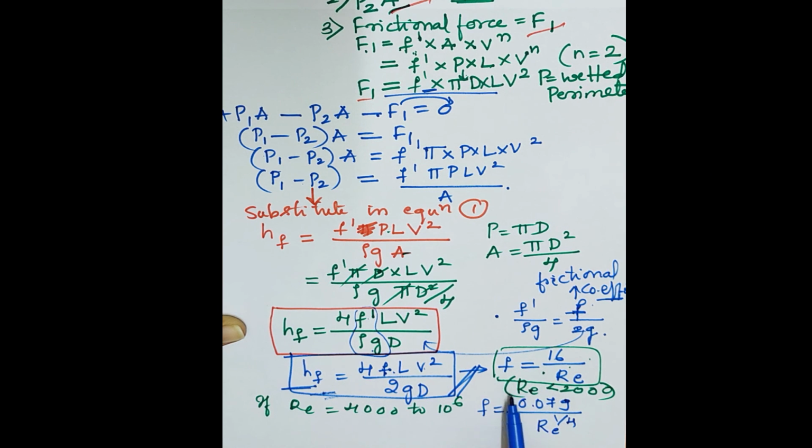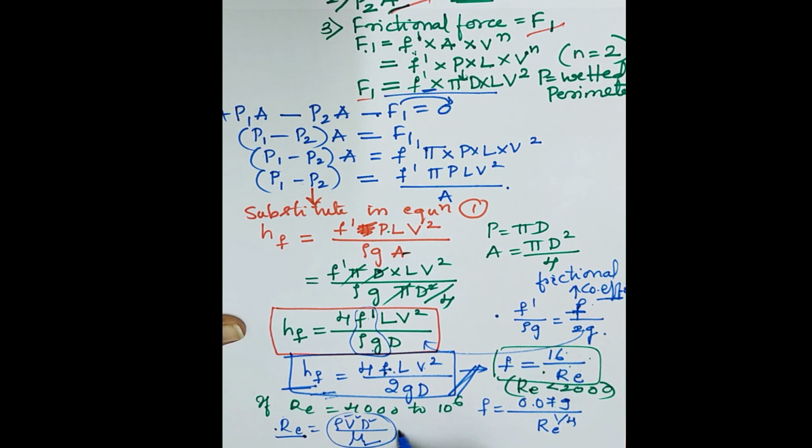So if RE is less than 2000, F is calculated by 16 by RE. If RE is 4000 to 10 to the power 6, then F is calculated using the formula 0.079 divided by RE to the power 1 by 4. We have a formula to calculate the Reynolds number, it is rho V d by mu. They will give the viscosity, velocity, diameter, density. So using this formula you have to calculate RE.